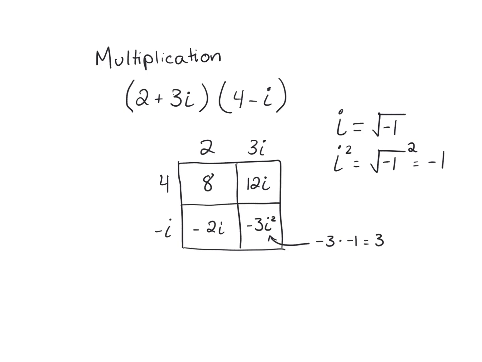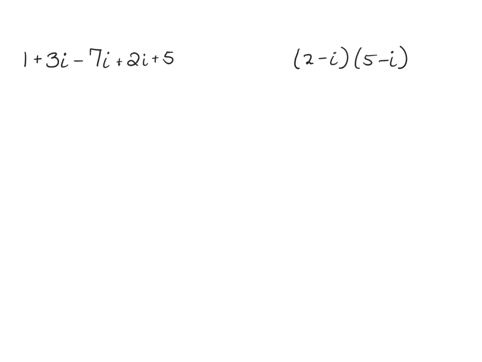And so when I go to combine like terms here, these two are going to combine like they usually do, but these two terms here are also going to combine. So 8 plus 3 gives me 11, and 12i minus 2i gives me positive 10i, which is going to be my final answer here. Here are 2 examples for you to try. Pause the video, try them, and then unpause the video to see the worked out solutions.